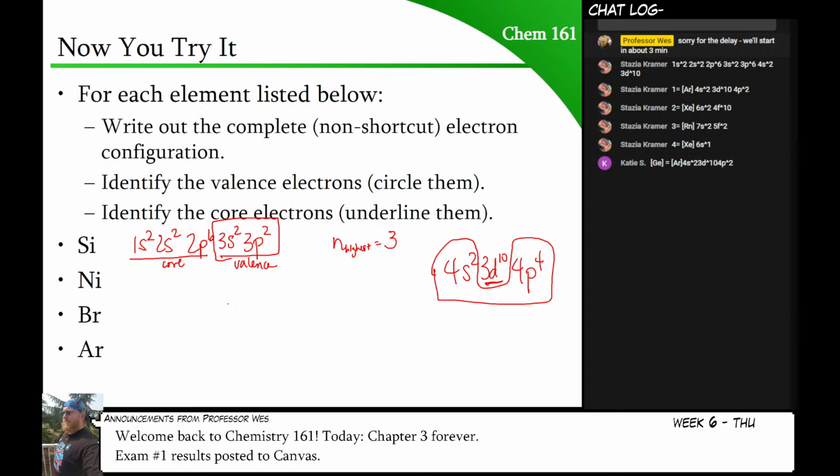So go ahead and do this for nickel, bromine, and argon, and we'll go over the answers in just a second. Obviously, you can't underline or circle in the chat, but just type done or whatever in the chat so that I know we're ready to move on.